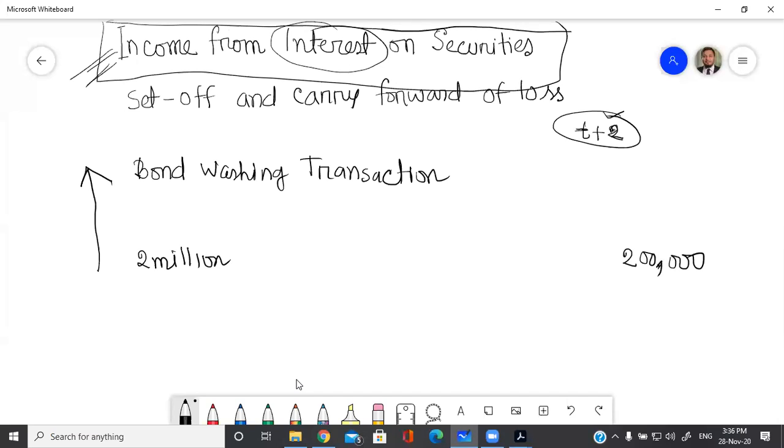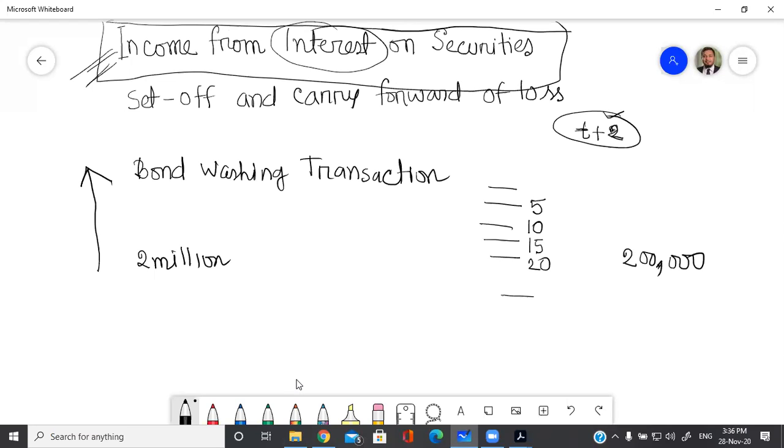When I say average tax rate, what does it mean? It means that when you are touching the slabs of the tax, for some portion of income you get 5, for some portion you get 10, some portion 15, some portion 20, like this. Can you recall the tax rate?